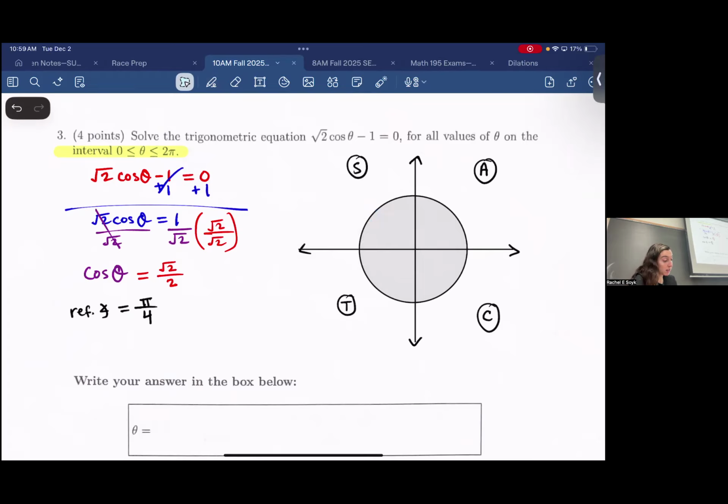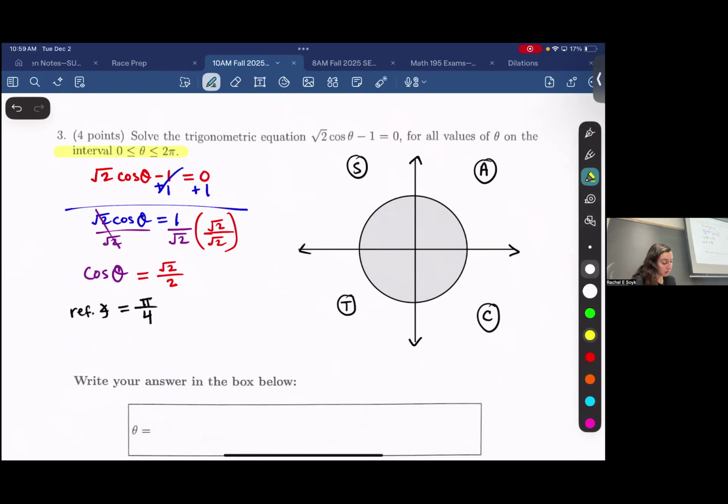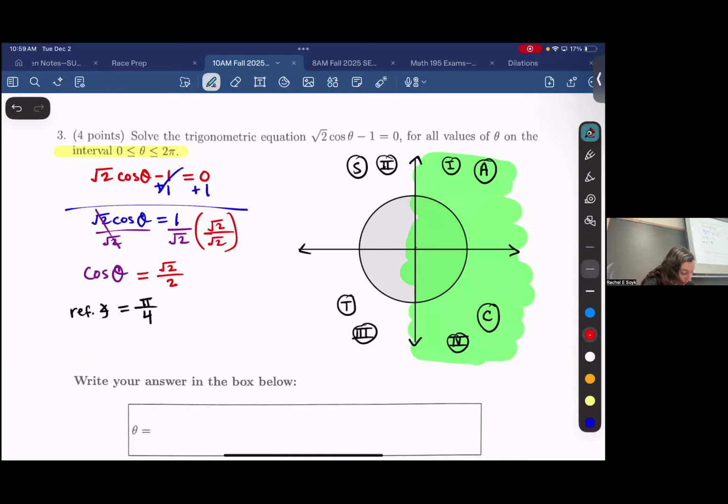So if it's positive and we're dealing with cosine, what quadrants are we going to be in? Yeah, exactly. 1 and 4. We know in that first quadrant we have pi over 4.